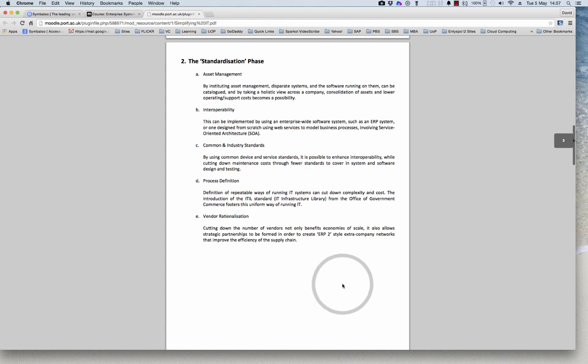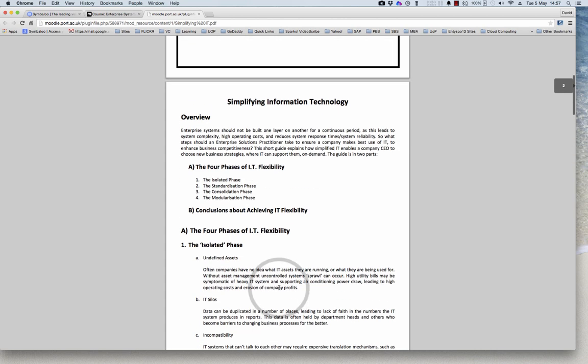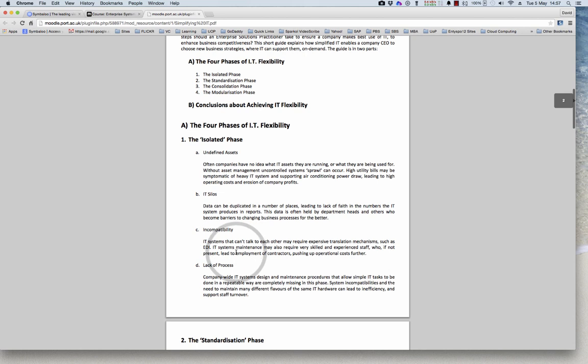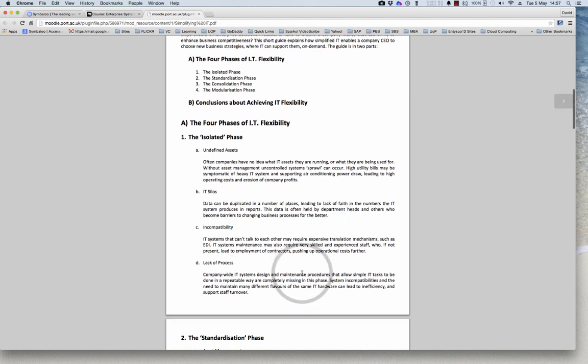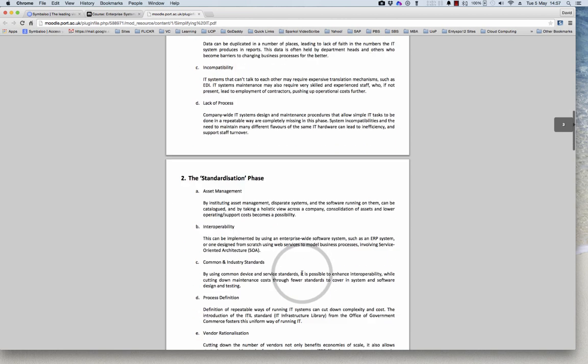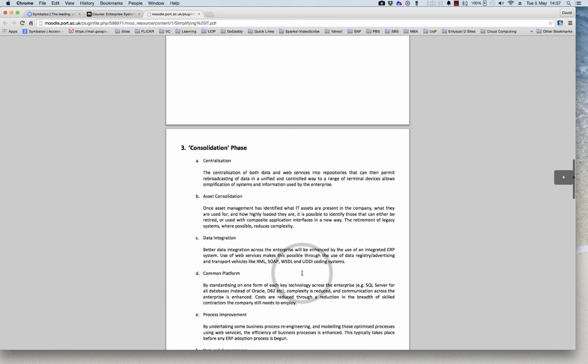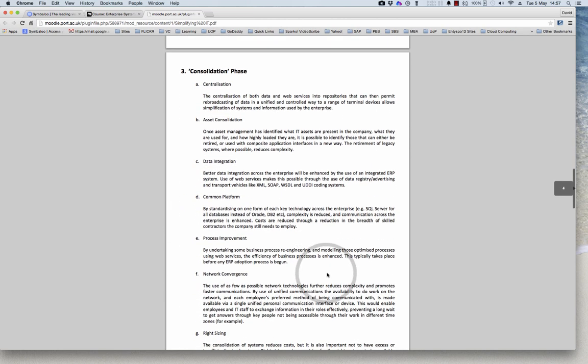What you don't want to have are a whole load of remaining IT silos, because if you're heading towards an ERP route, ERP and IT silos are complete opposites. You don't want that. You want one set of data held centrally and then rebroadcast in one format or a number of different device formats to the rest of the company.